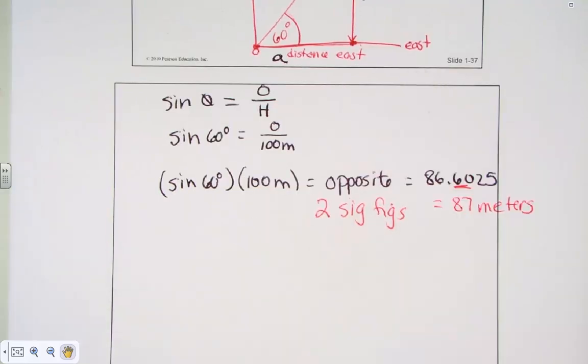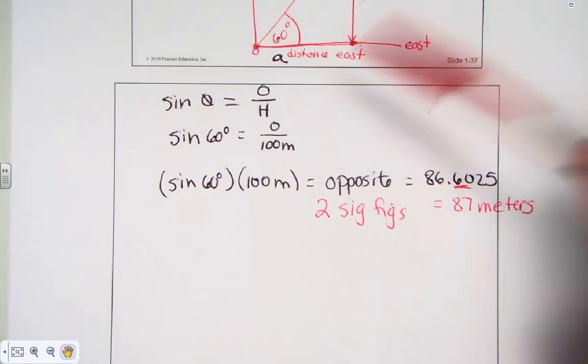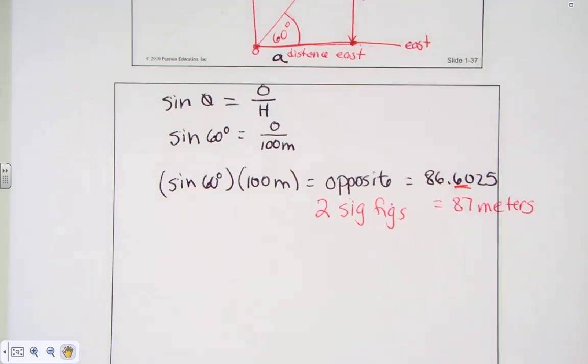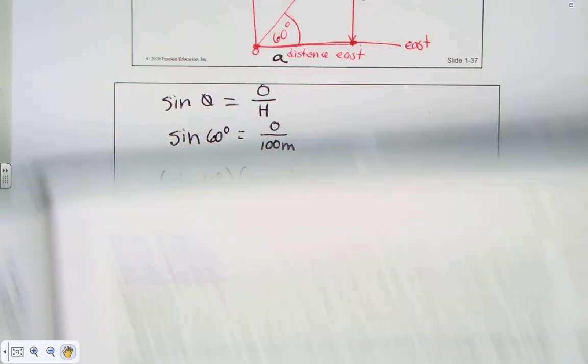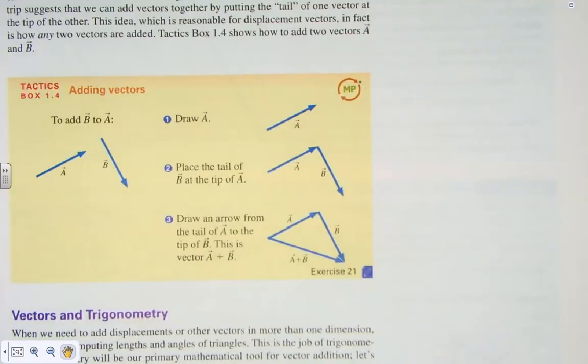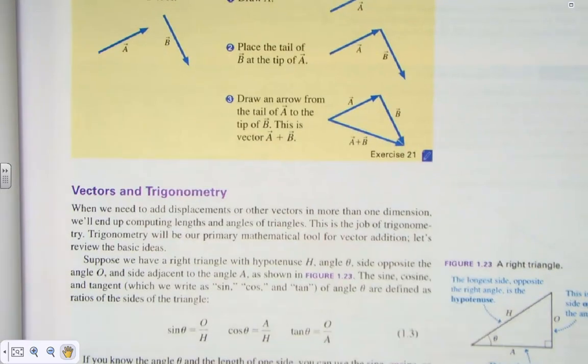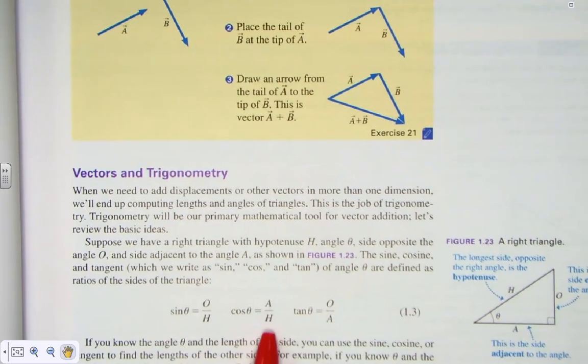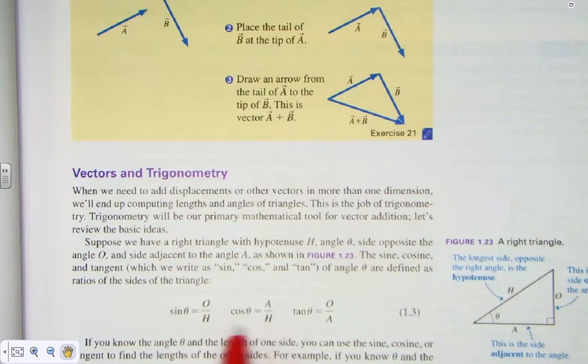Let's solve for the distance east, side A. What equation would we want to use to pull out side A? Well, we know the hypotenuse. We know theta is 60 degrees.